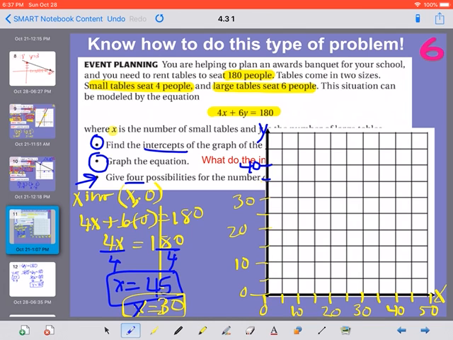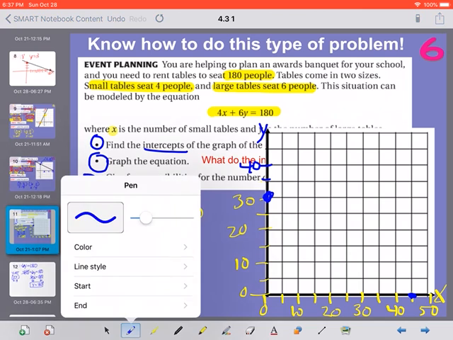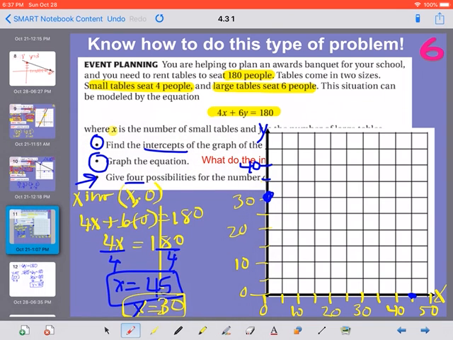So I'm going to plot my 2 points. X is 45, right there. And on our y-axis, we're at 30. All I'm doing is plotting the 2 points that we have right down here. Now, draw a line to connect them.